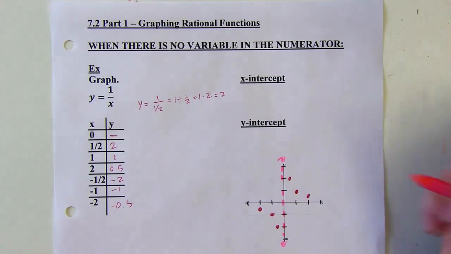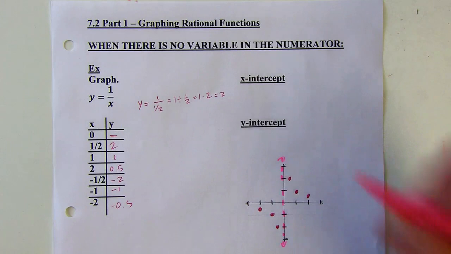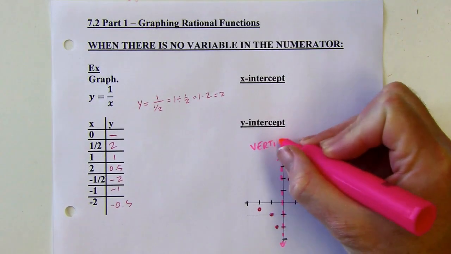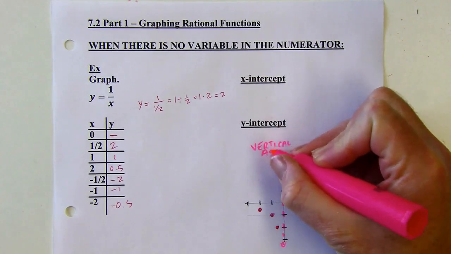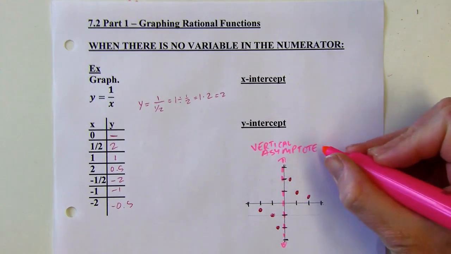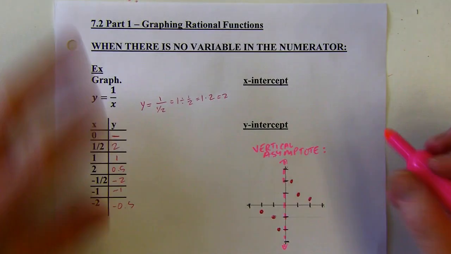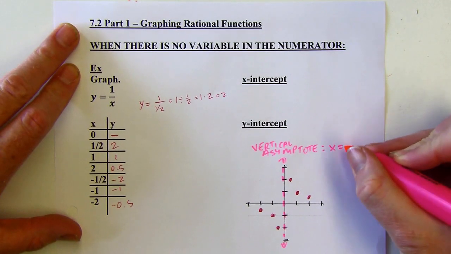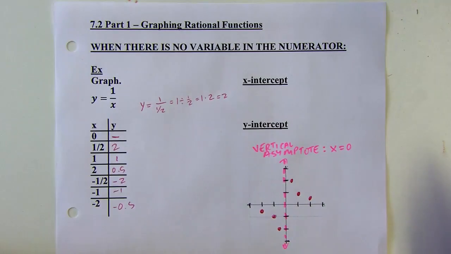So this is going to be a horizontal asymptote. Oh, sorry, a vertical asymptote. Okay, and it's the y-axis. You could just say it's the y-axis, but the equation of that line would be x equals 0, because those are all the points where x equals 0.